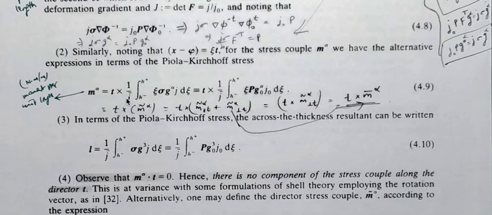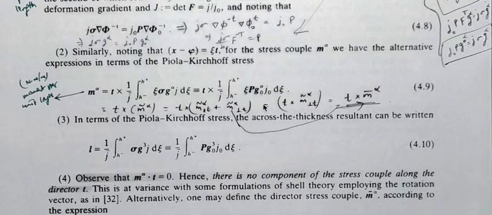Next we have the expression of m alpha. Here we have to see that there are some derivation steps involved. See, we have this as t cross something. So whatever we have, let us call it m tilde alpha, it is going to be perpendicular to t. Okay, this m alpha is going to be perpendicular to t. And if we write this m tilde alpha as m parallel tilde alpha plus m perpendicular tilde alpha t, so this component, the first one, will not be contributing anything to this final m alpha, because this will become 0.